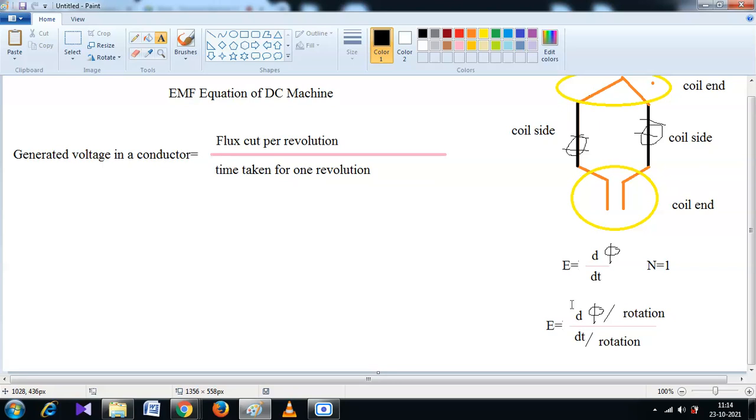Now we have how much flux is produced by a pole. Tell me how much flux is produced by a pole. What is the equation of that?